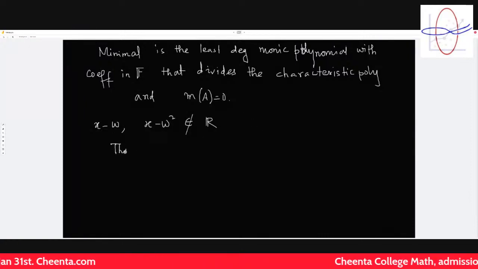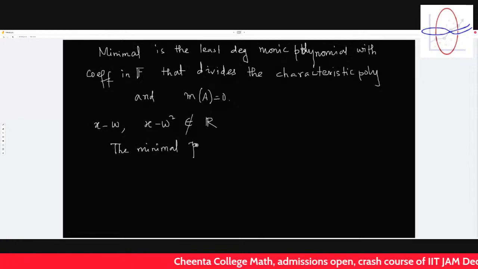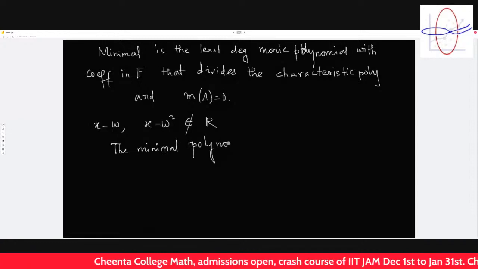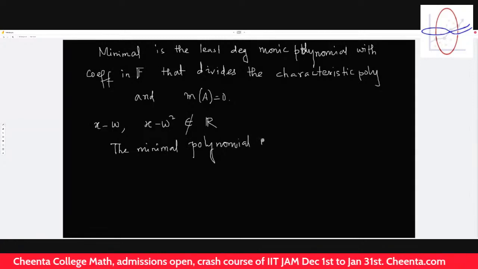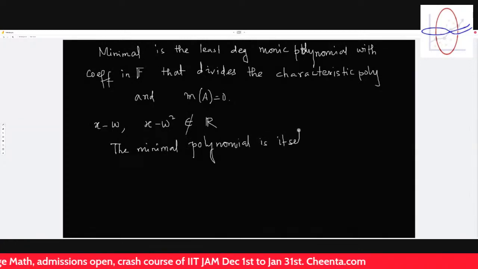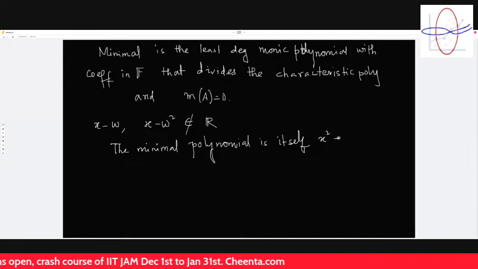So the minimal polynomial is itself x square plus x plus 1.